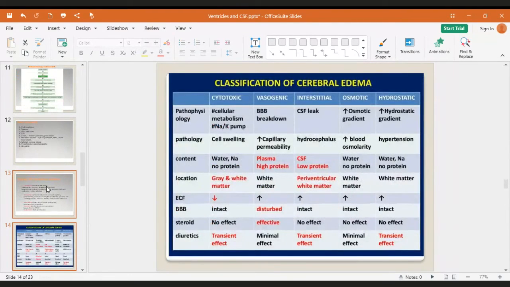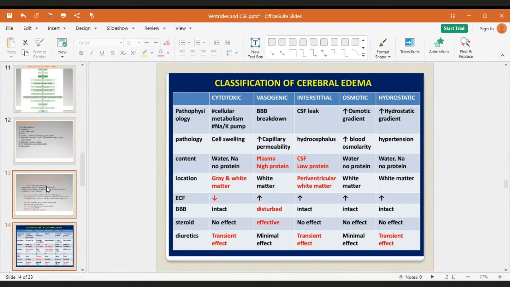This slide shows the classification of cerebral edema. There are the 5 types as mentioned in the previous slide. The pathophysiology in cytotoxic edema is cellular metabolism and the sodium potassium pump. In vasogenic, the blood-brain barrier breaks down. In interstitial, CSF leaks. In osmotic, there is an increased osmotic gradient, and in hydrostatic, an increased hydrostatic gradient.